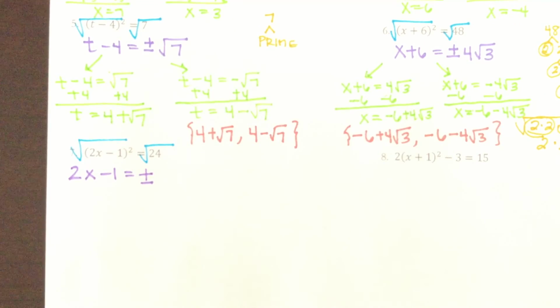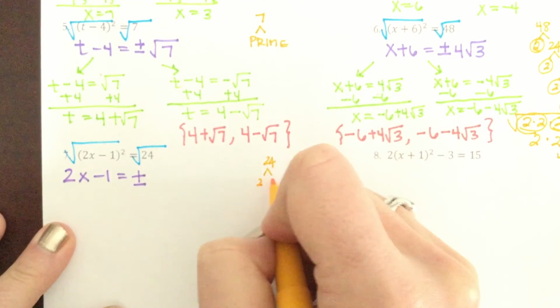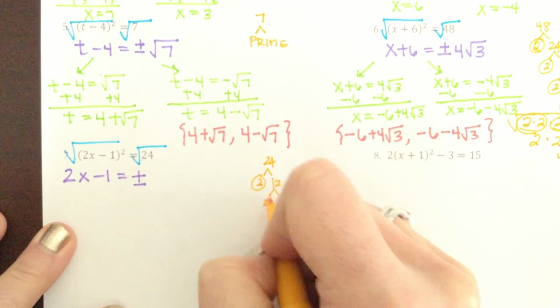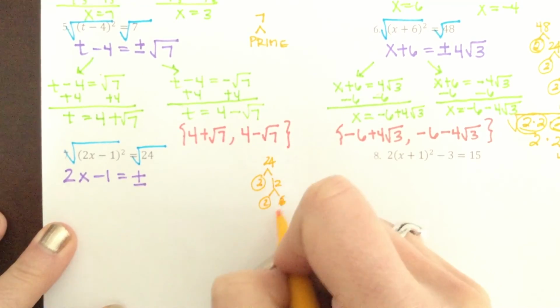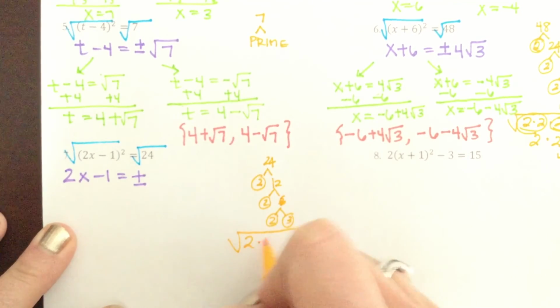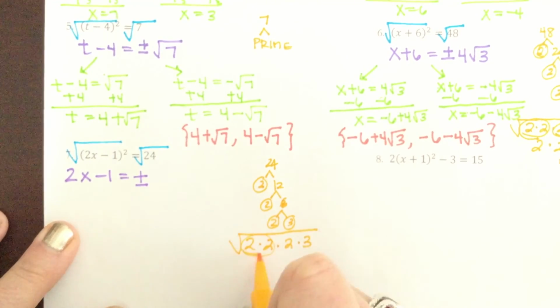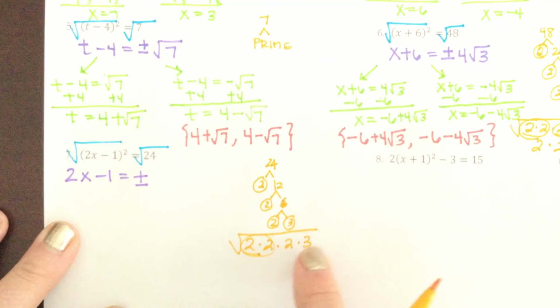And then we need to think about if we can simplify the square root of 24. So if I bring 24 out, I get 2 times 12, 2 times 6, 2 times 3. So the square root of 24 is 2 times 2 times 2 times 3. All right, I've got a pair of 2's here, but I don't have pairs for either of these, right?